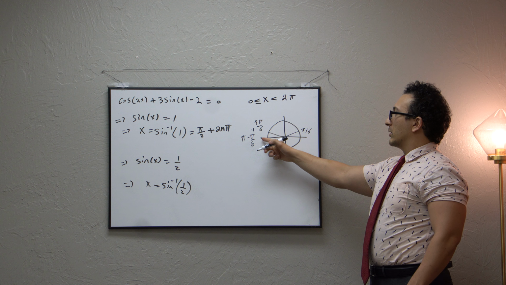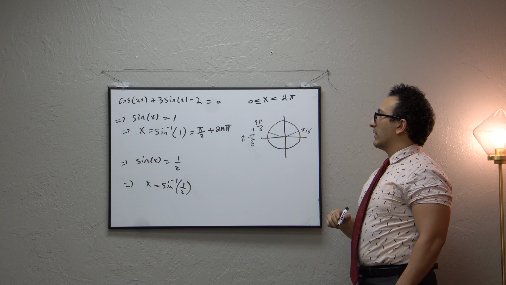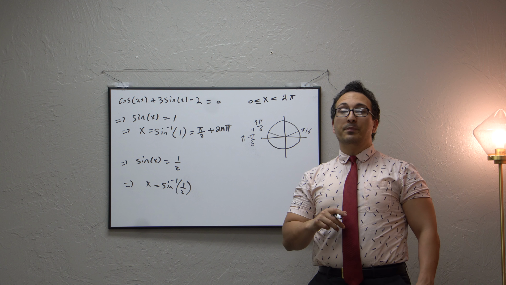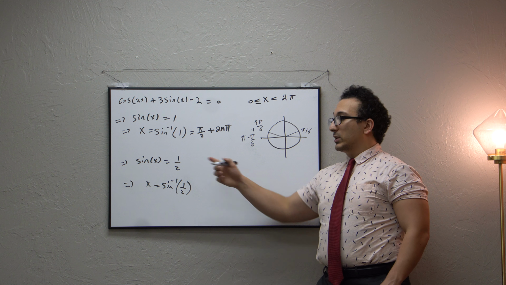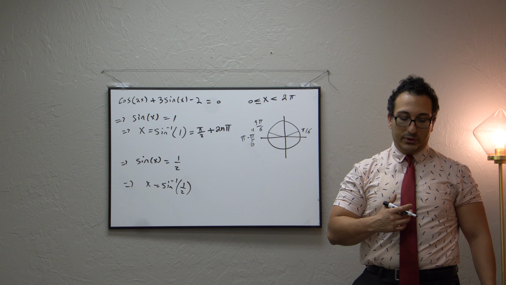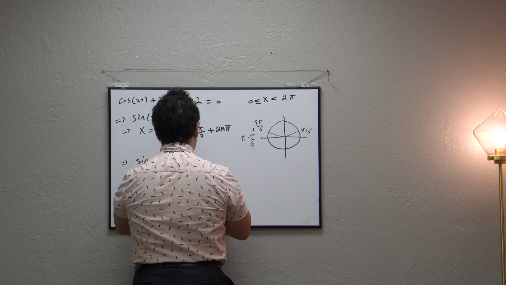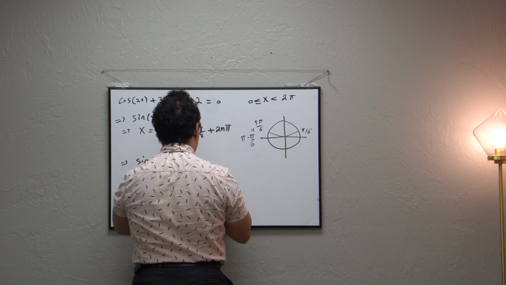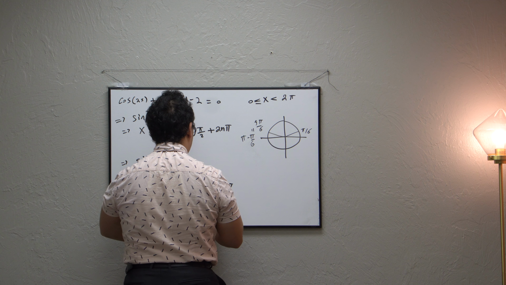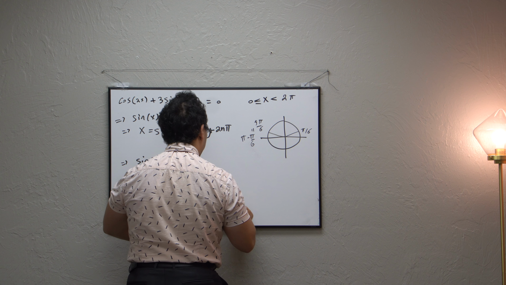Furthermore, over here, we go in the backwards direction to get that 5 pi over 6 is where sine is 1/2 in the second quadrant. Because it's positive 1/2, sine assumes positive values in the first and second quadrant only. Okay? So we know that sine inverse of 1/2 is now equal to pi over 6 plus 2n pi, and it is equal to 5 pi over 6 plus 2n pi.